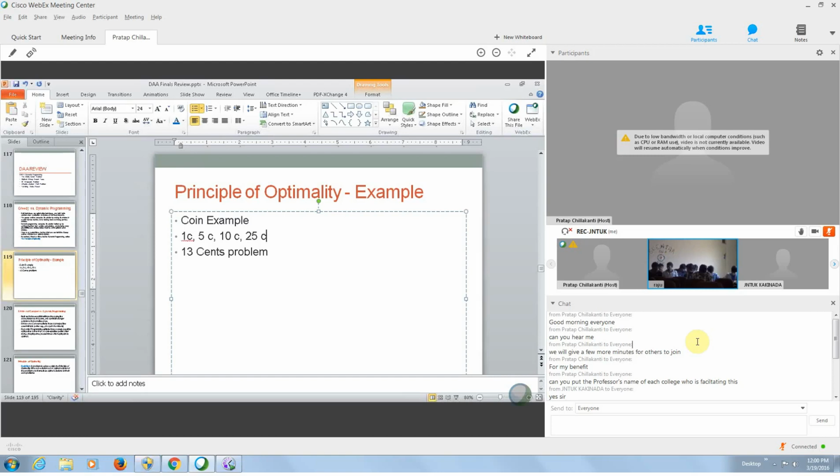You can replace cents with paisa or whatever they call it. Yeah, paisa, right? India. So if I have a 13 cent problem to solve, dynamic programming says I'm going to create 2 sub-problems, right? Now what are the 2 sub-problems there? I can solve it for 6 cents and I can solve it for 7 cents.